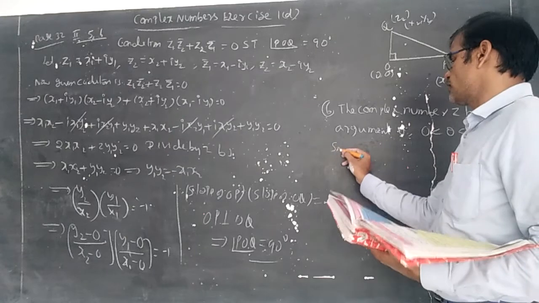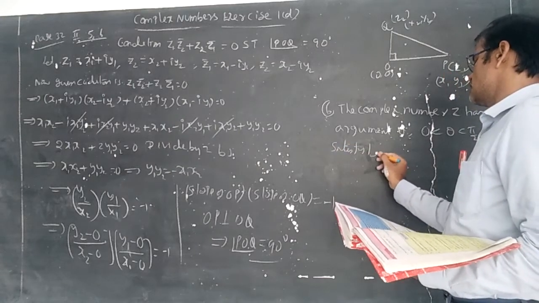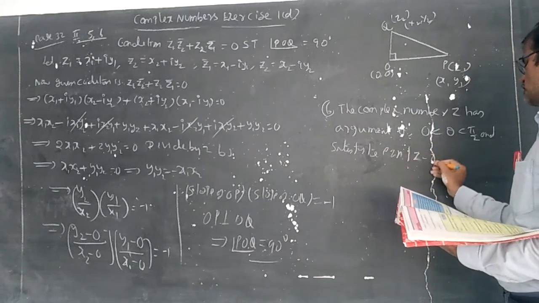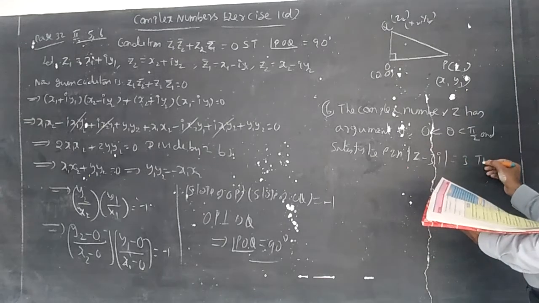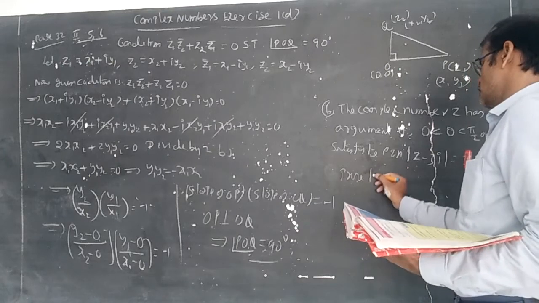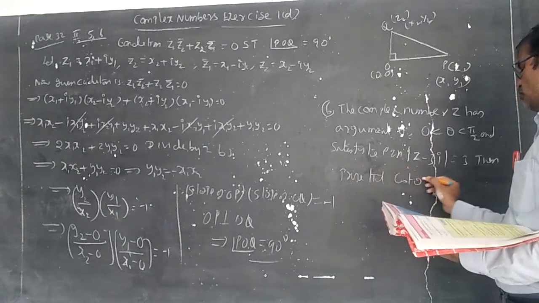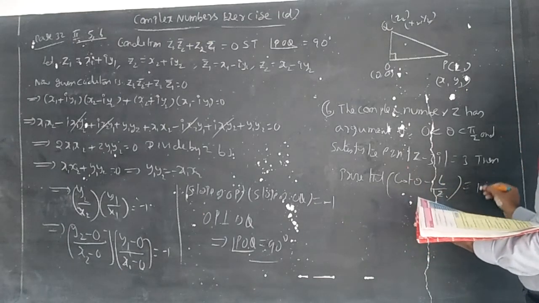And it satisfies the equation modulus of z minus 3i is equal to 3. Then prove that cot theta minus 6 by z is equal to i.